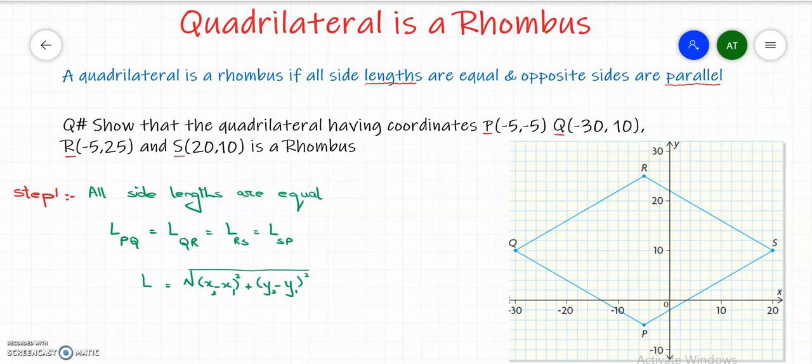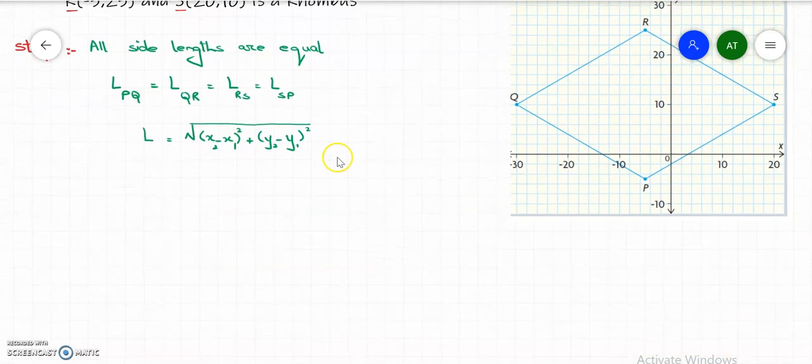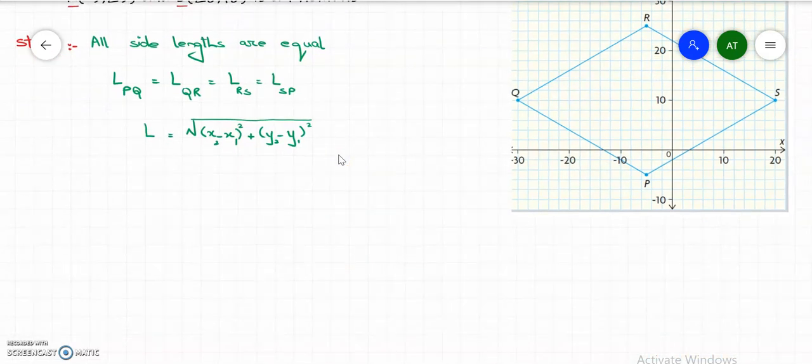Okay, now let's calculate the length of all the sides one by one and see whether the side lengths are equal or not. Let's begin with the length of P and Q. You need to label the P coordinates as x1, y1 and the Q coordinates as x2, y2.